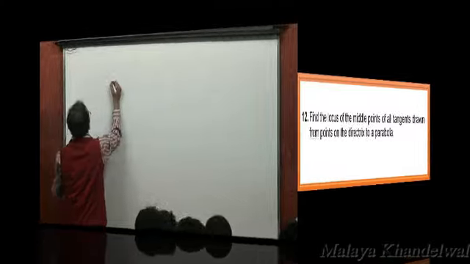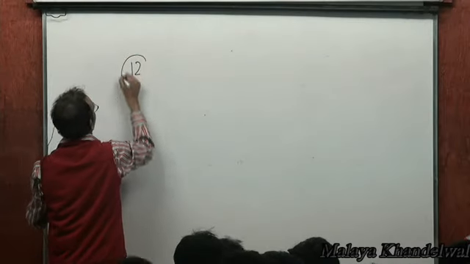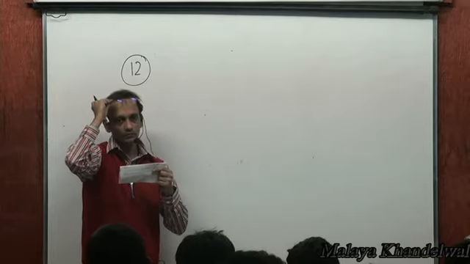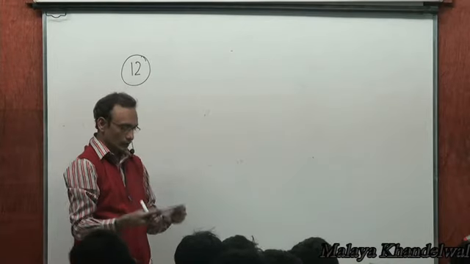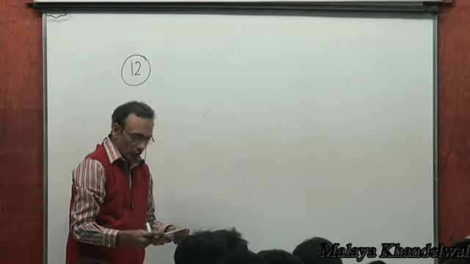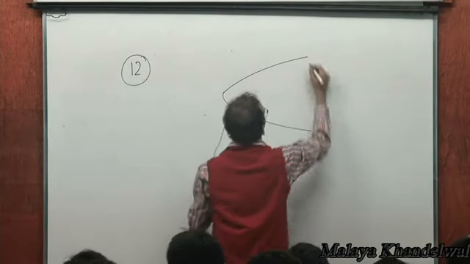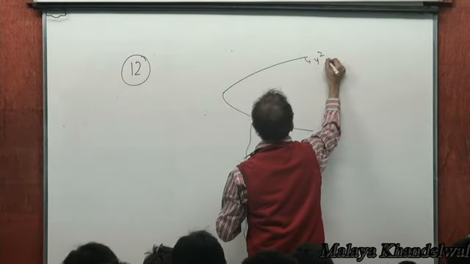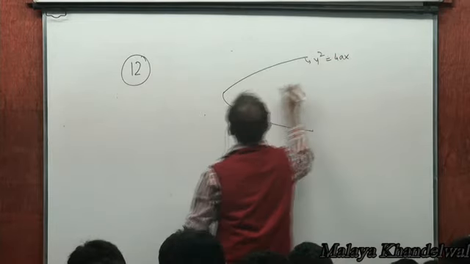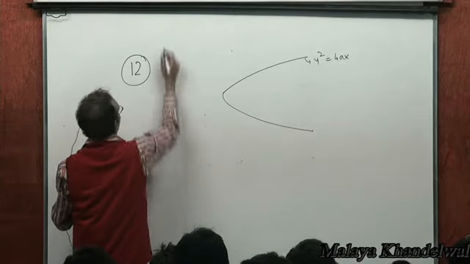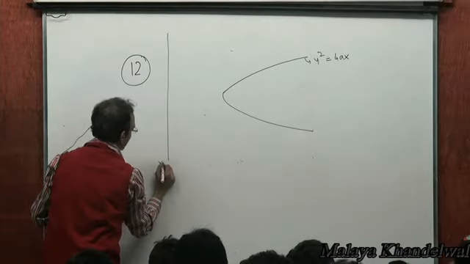Number 12. Locus of the middle points of tangents. Say this is a parabola y squared equal to 4ax. This is the directrix x equal to minus a.